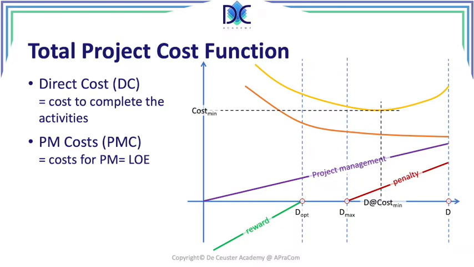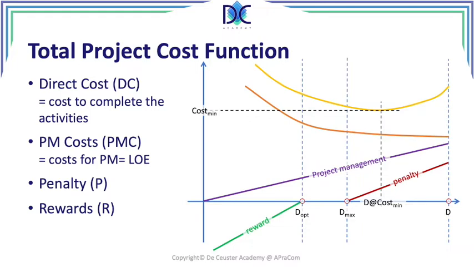We also have the penalties, which start from a certain duration, and we also find the rewards, which are in fact bonuses once the duration is less than a certain number.